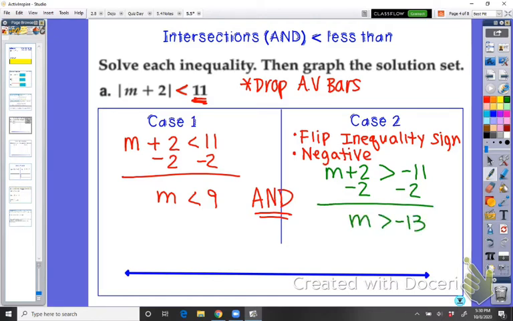So on my number line, when I represent these values, it has to be smaller than 9, and it has to be greater than -13. If you think about that as a compound inequality, going least to greatest, m is going to be somewhere in the middle. So you need to go from -13 to 9. I'm going to count by 3s.